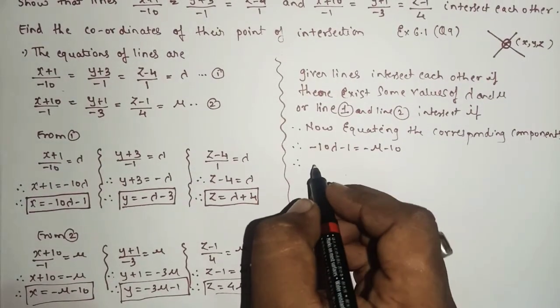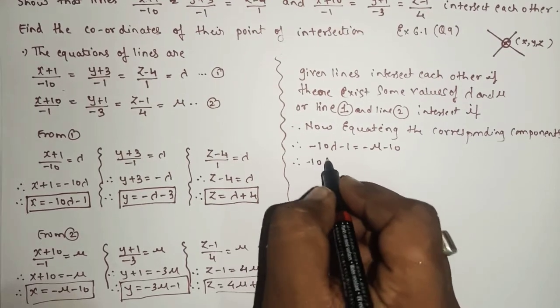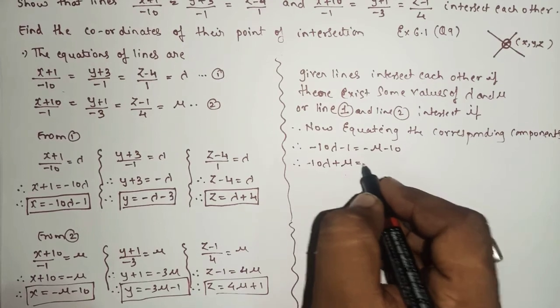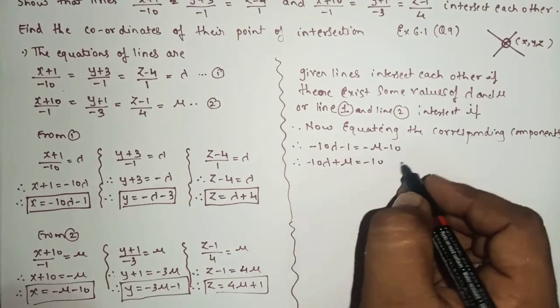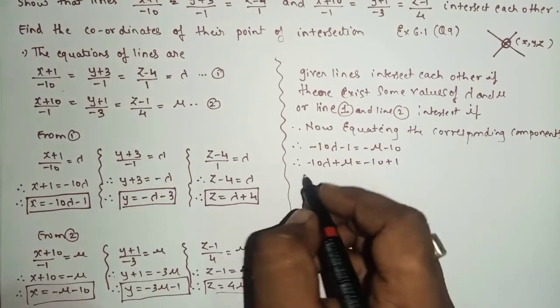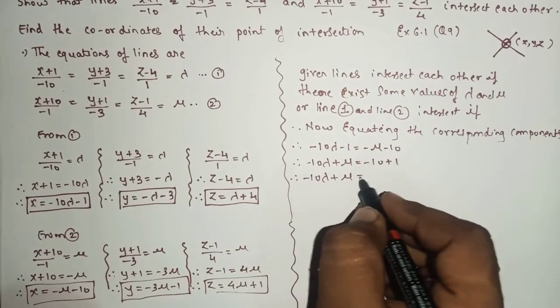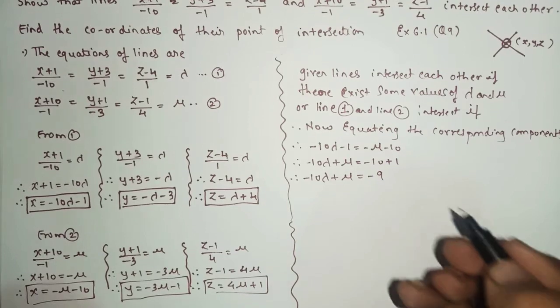In the next step we can write this as minus 10 lambda, this minus mu will come to this side, minus 10 plus 1. So we can write this as minus 10 lambda plus mu equals minus 9.